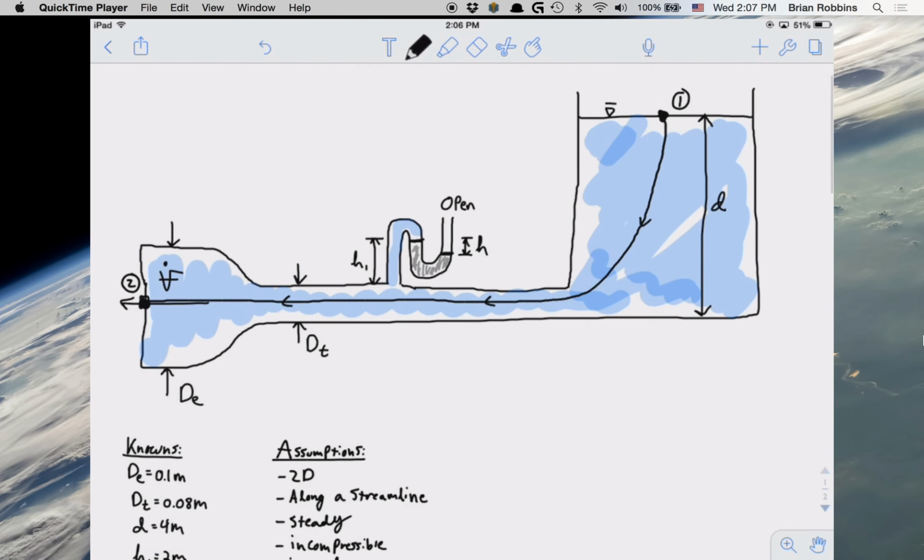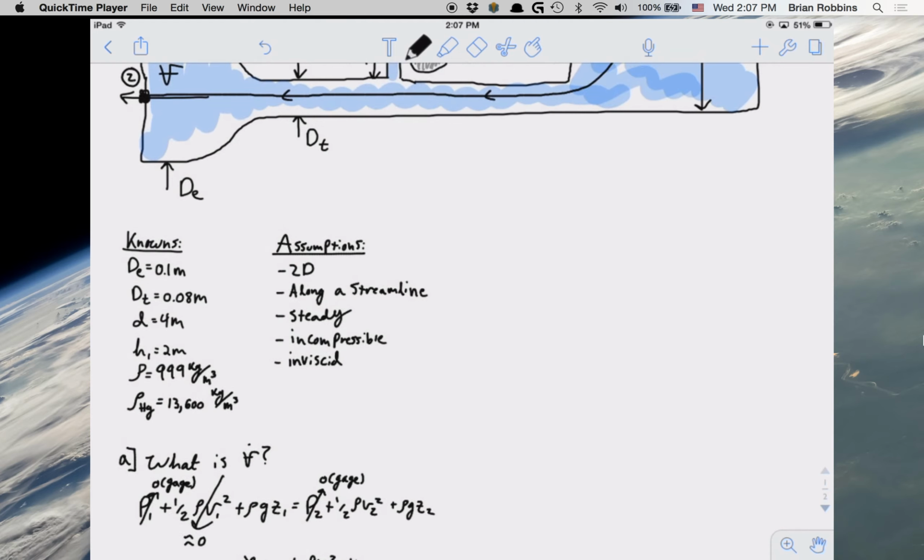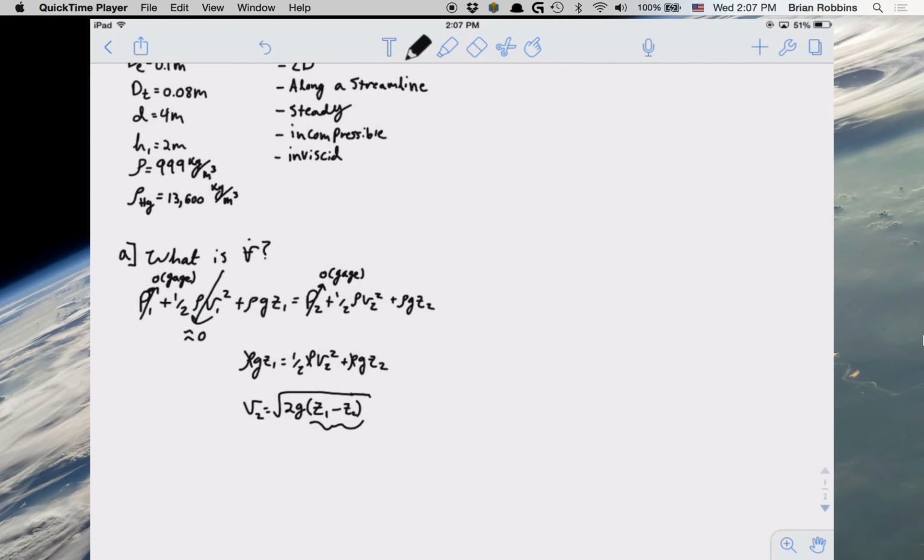we have to go back up here. The difference between 1 and 2 in terms of its depth is going to be our depth d minus 1/2 the diameter of our pipe, so dt, which will bring us just in line with our streamline.